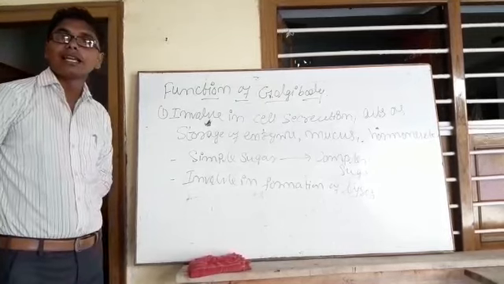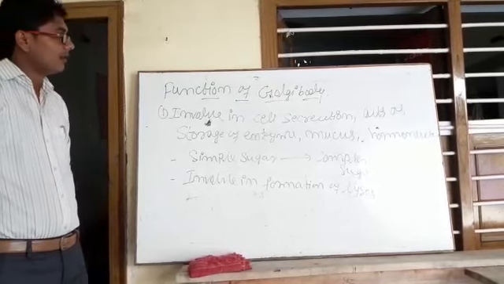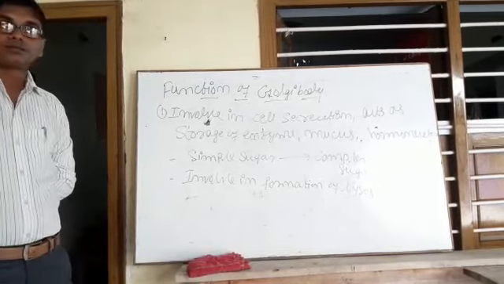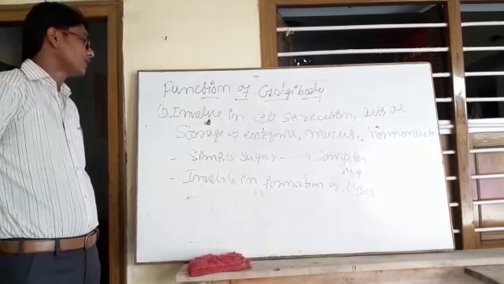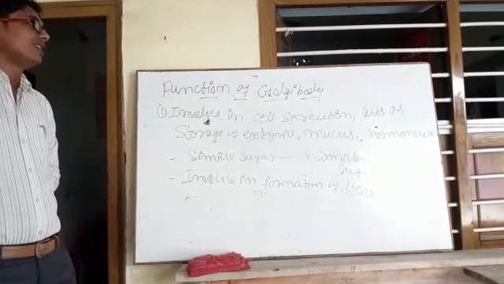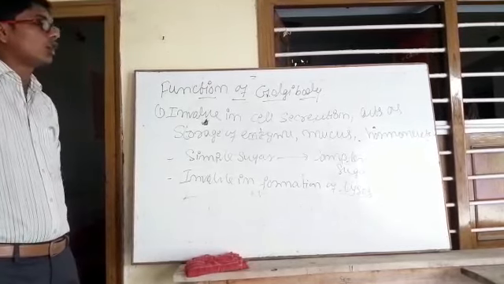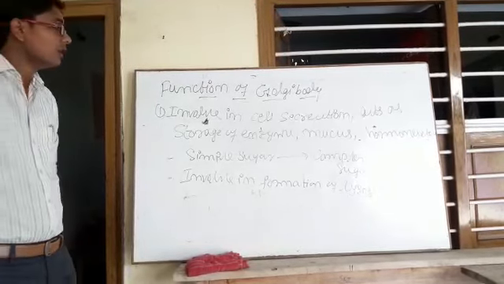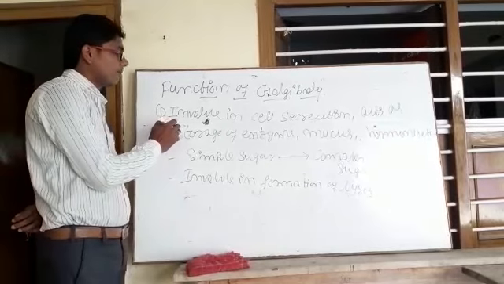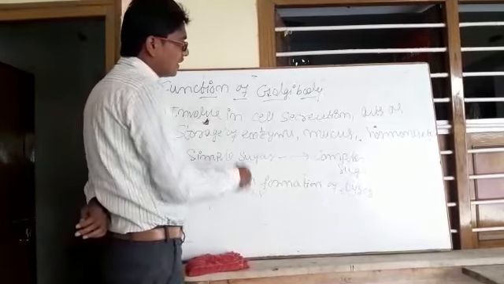One is vesicle and another is vacuole. So here you know what the function of Golgi body within a cell is. So Golgi body becomes involved in cell segregation.